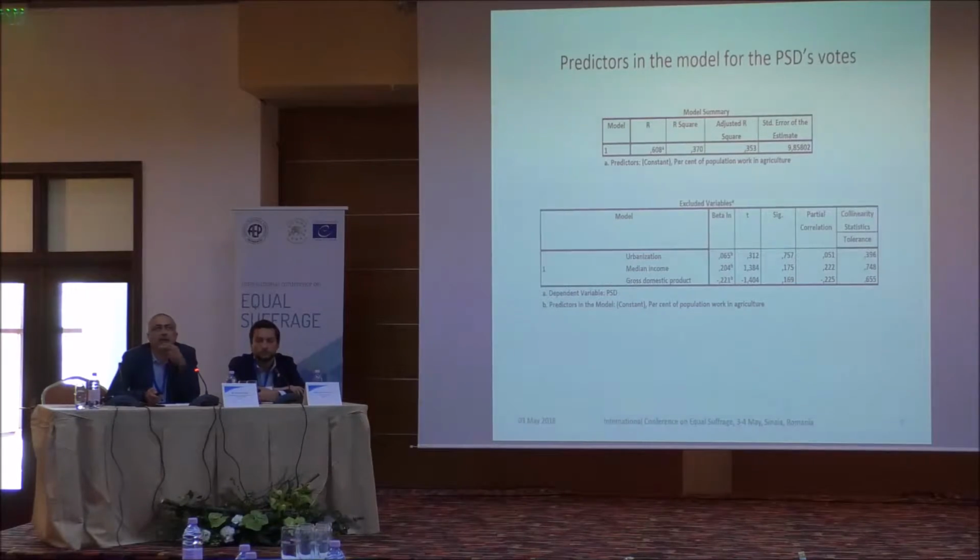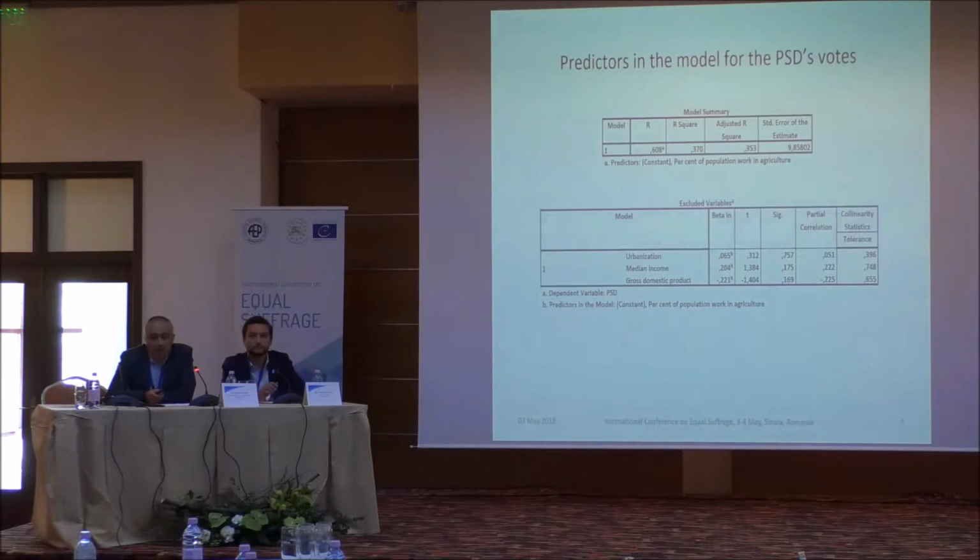I put in a regression some aggregated data at the level of constituency. I take into account urbanization, the level of urbanization, median income, gross domestic product, and percent of population working in agriculture.